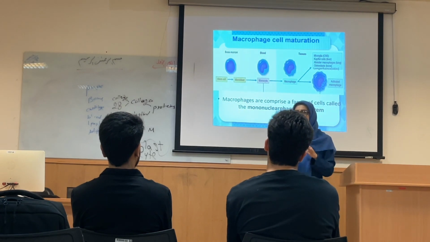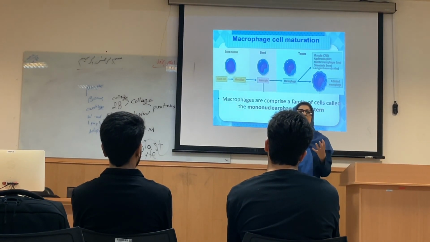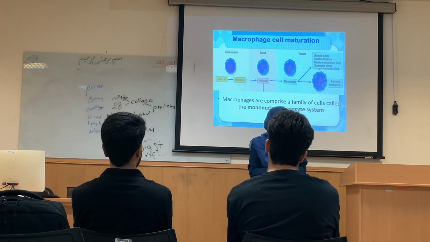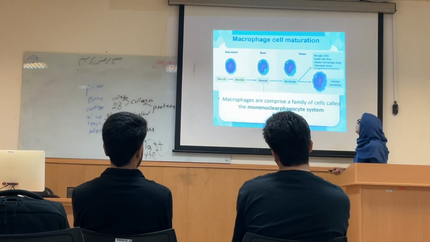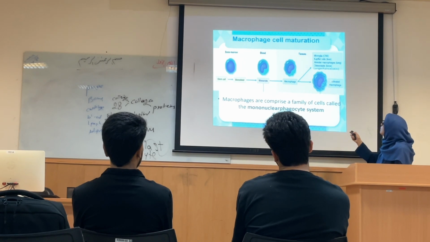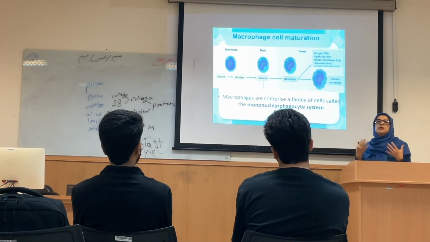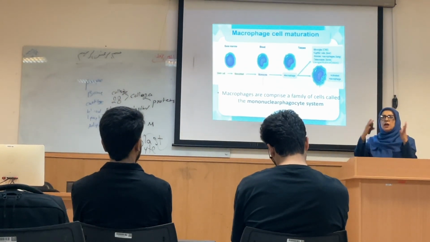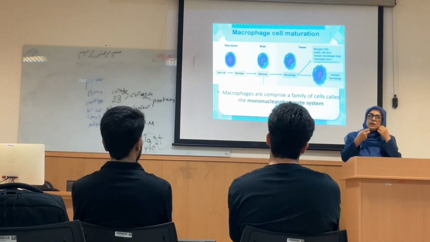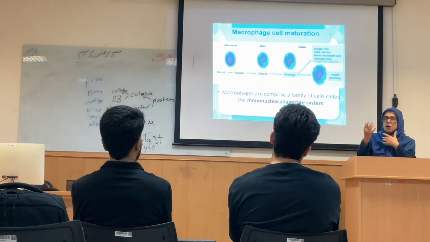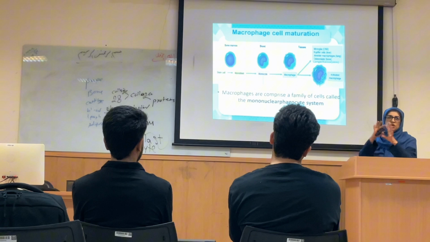We can find lots of them in the blood, but for their function, they should migrate from the blood to other tissues. They form lots of types of macrophage with different names, but functionally all of these are macrophages. They lyse and remove bacteria, microorganisms, waste materials or whatever, but just their name is changed.